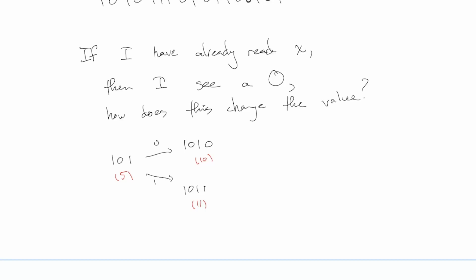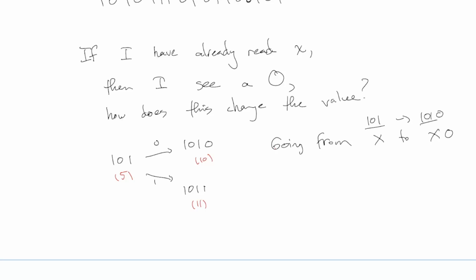And that is the same in binary, but binary is based on 2 rather than 10. So here, maybe I'll say it this way, going from some string like x to x followed by 0, like in this case I had 101 became 1010, right?